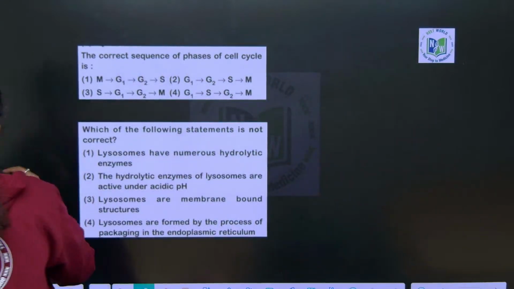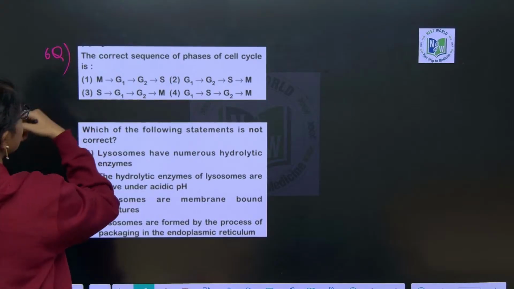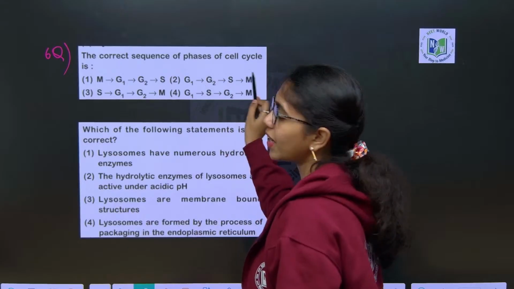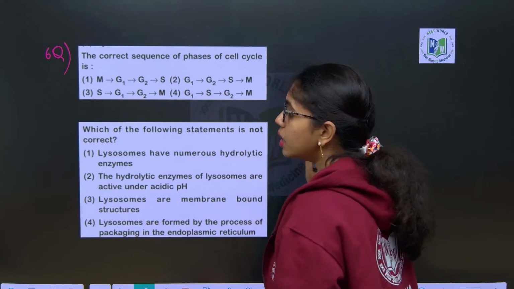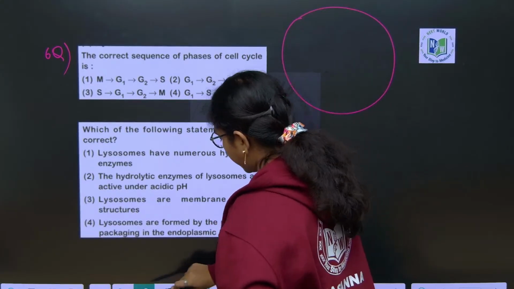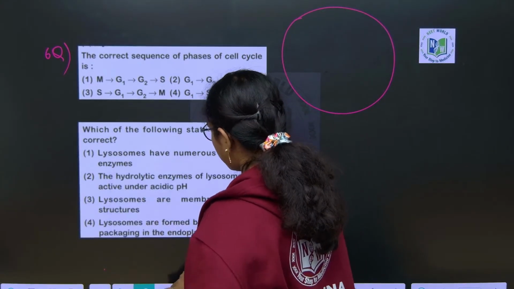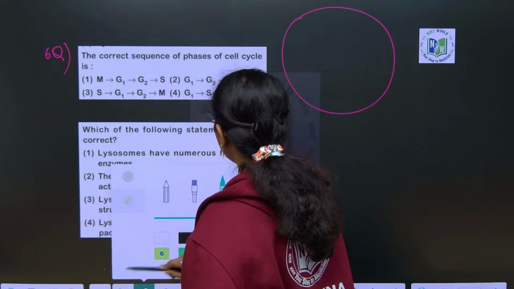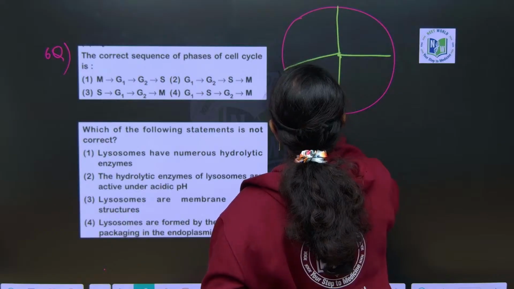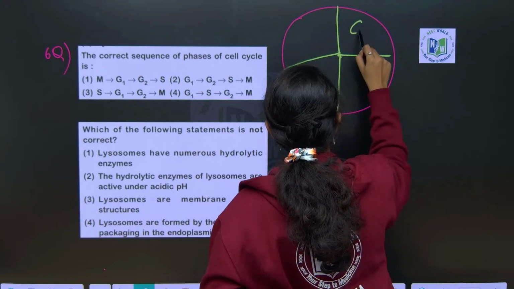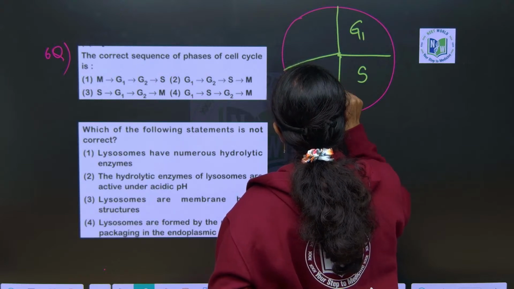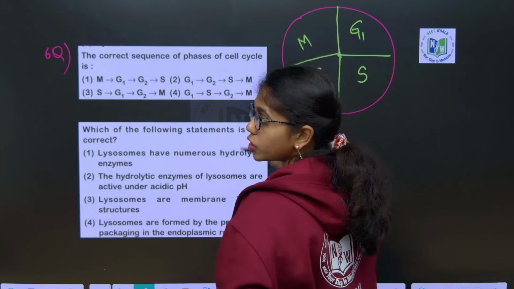Again, one more question from cell cycle and cell division, wherein the different phases of the cell cycle are asked in a sequence. If you clearly see, in a cell cycle we have 2 phases, that is interphase and M phase. Interphase has 3 subphases, that is G1, S and G2 phases, and M phase followed by it.